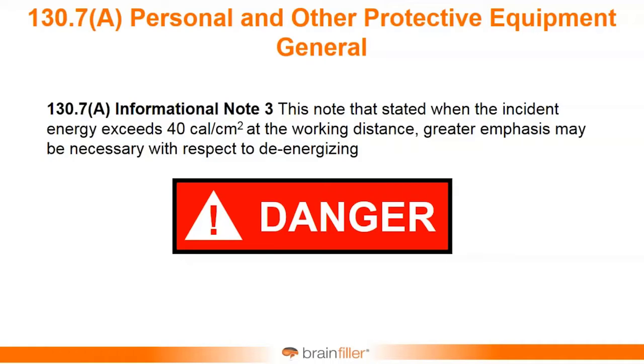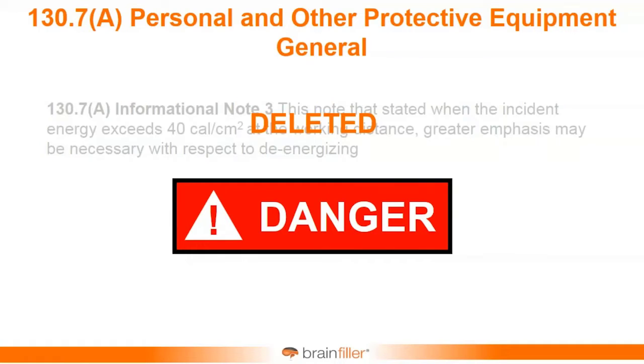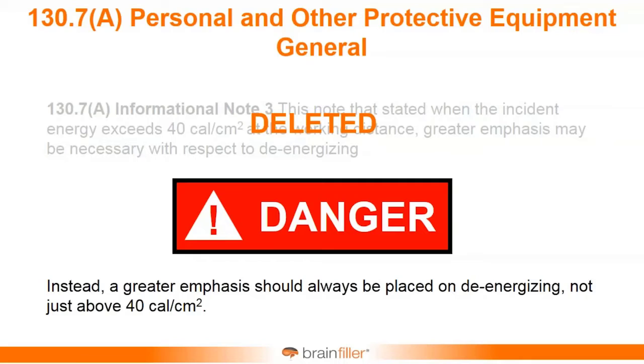So the 2018 edition of NFPA 70E has removed this informational note. And instead, their justification, and this is brilliant the way they did this, basically it's like, what's 40 calories per square centimeter have to do with de-energizing? You should always be de-energizing, not just above 40.